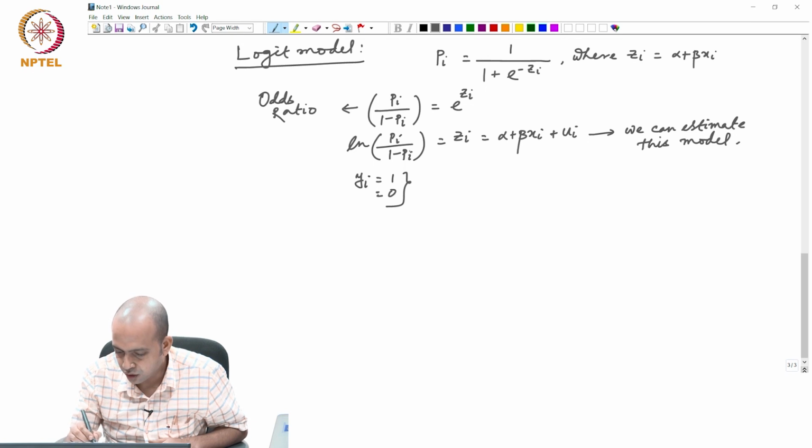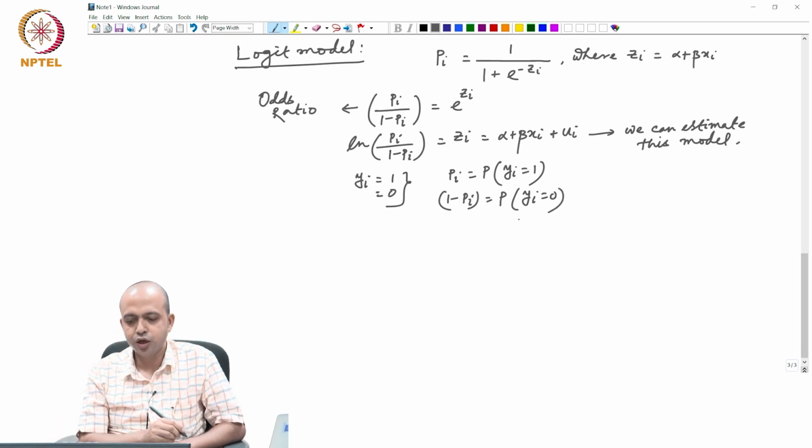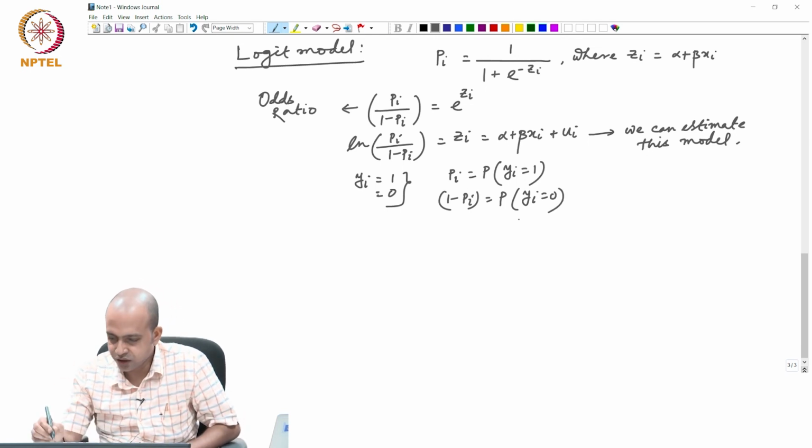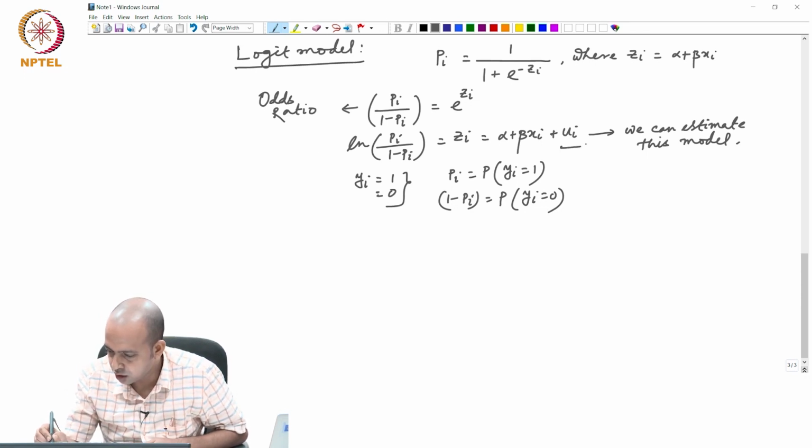That means pi is the probability that yi equals 1, and 1 minus pi is the probability that yi equals 0. Let us say this is model 6.